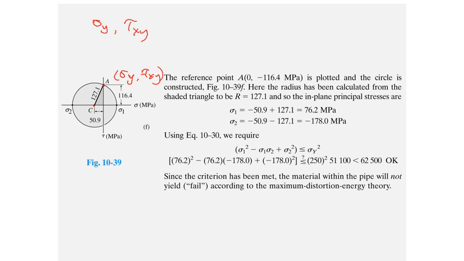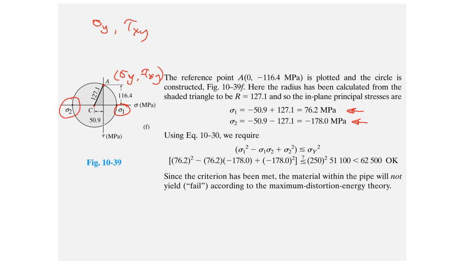From the Mohr circle we can find sigma 1 and sigma 2. We are not interested in the exact location of the planes, just the values of sigma 1 and sigma 2. From the Mohr circle analysis, sigma 1 is 76.2 megapascal and sigma 2 is negative 178 megapascal.